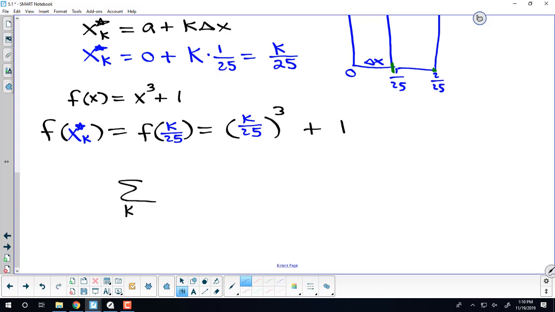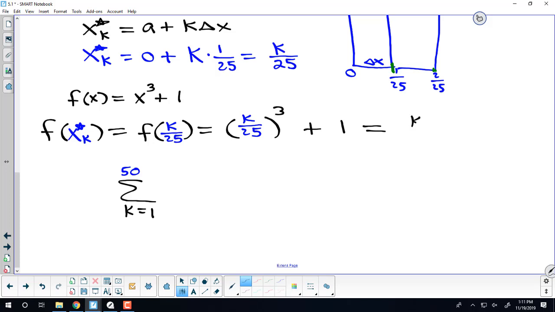So we're summing from k equals 1 to n, and again our n was 50. We're summing delta x times this expression here, k over 25 cubed plus 1. And let's just go ahead and rewrite f of x star once more. So it's k cubed over 25.